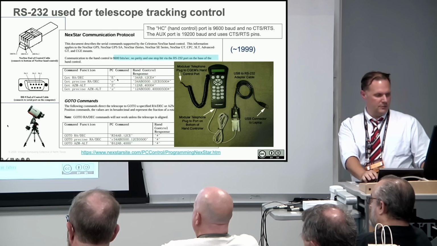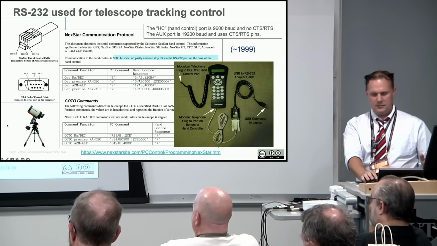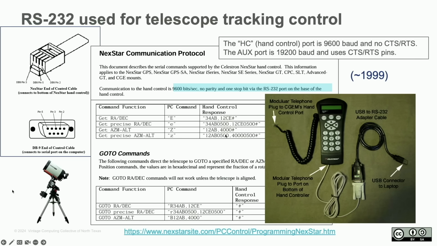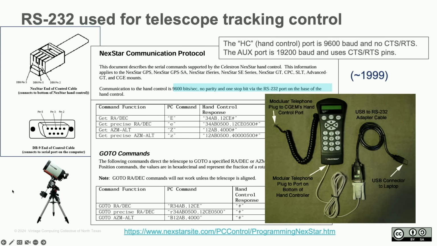But back on that telescope stuff, this is the language I use. It's plain text. I want to go to this right ascension, put in the numbers and resolution and where I want it to track, and command the telescope. Like the K-Pro, I guess it's not on this one, they use a 4-pin interface, but they don't need flow control. It's not that fast actually on a telescope. It doesn't slew that fast.